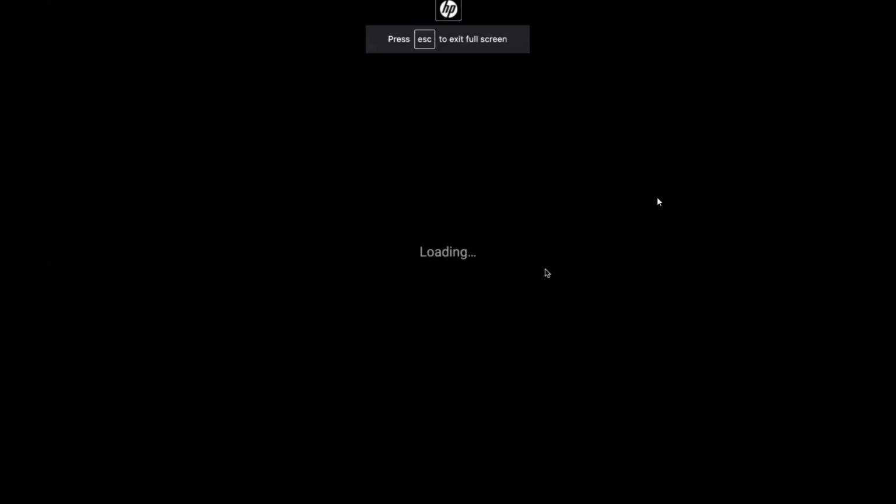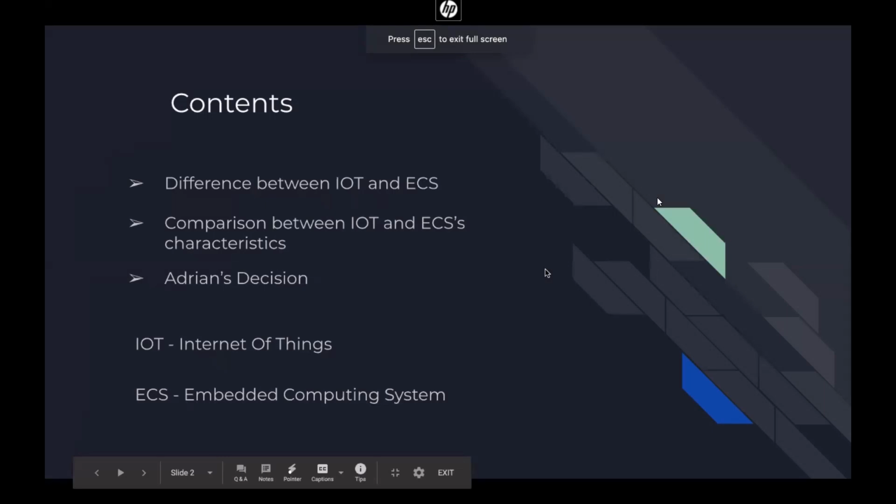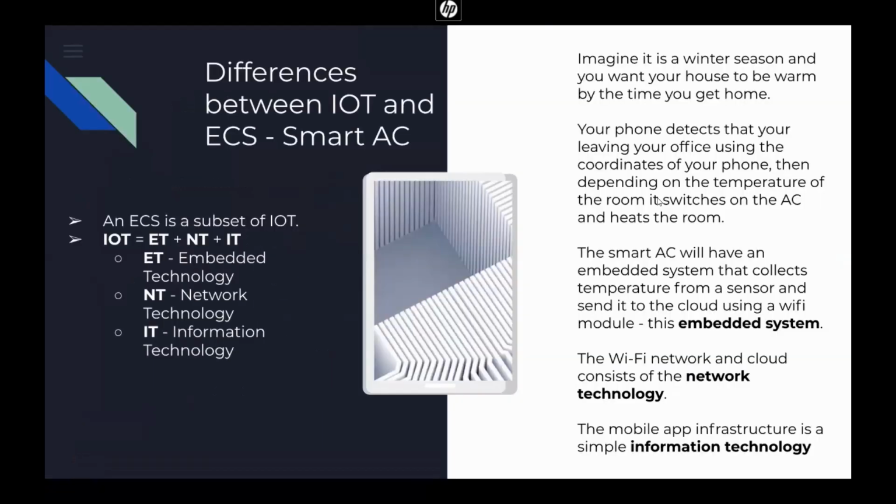So we're looking at the differences between IoT and ECS, embedded systems. Embedded systems is a subset of IoT. What I mean by that is IoT forms like an umbrella, whereby we'll have an embedded technology in it, then an information technology. Now, let's define Internet of Things first.